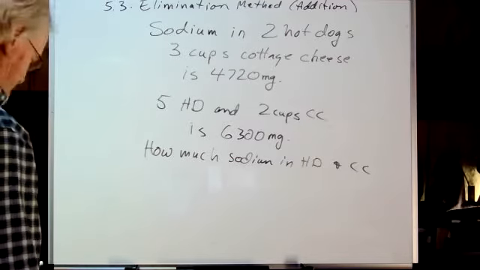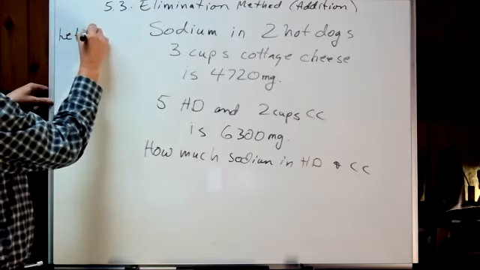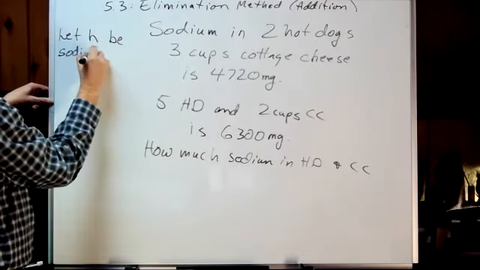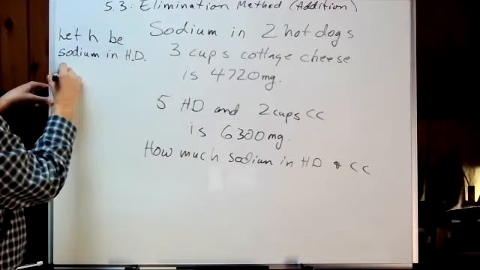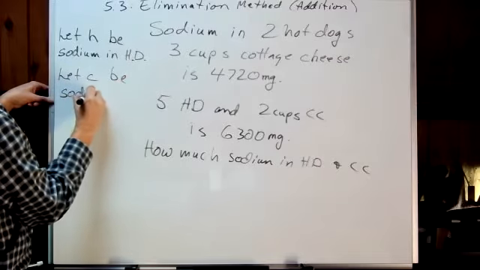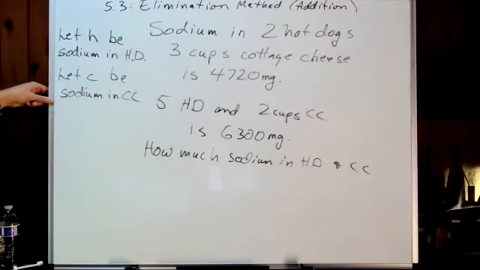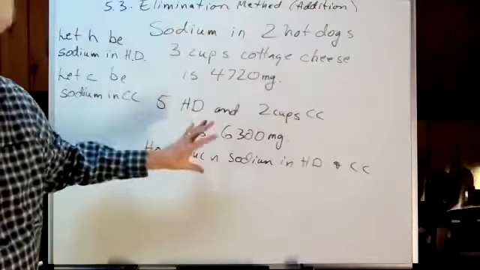But let's let H be the sodium in a hot dog, and let's let C be the sodium in cottage cheese. Now I want to write a system of equations based on these two different situations, right?